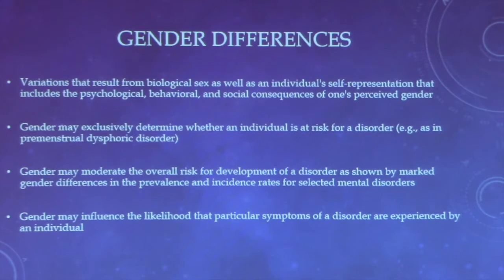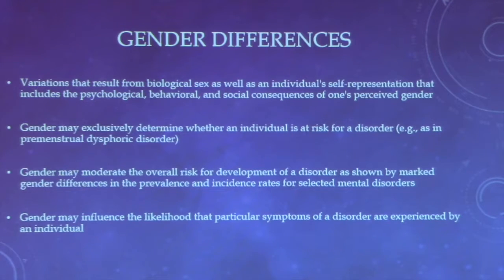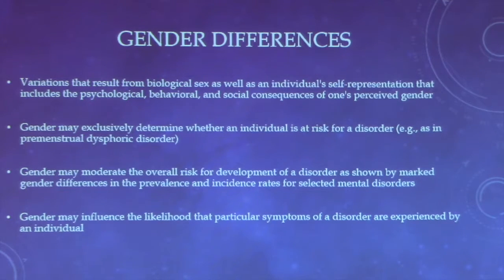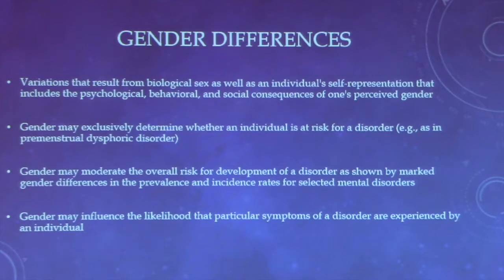And there are certain gender differences. How different genders have different presentations of illnesses. And you'll find out when you get lectures on depression and anxiety that the rates of depression and anxiety are different in men and women, or at least seeking help is different. Women seek help a little earlier.